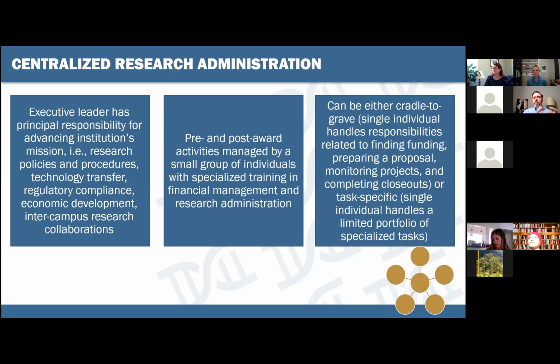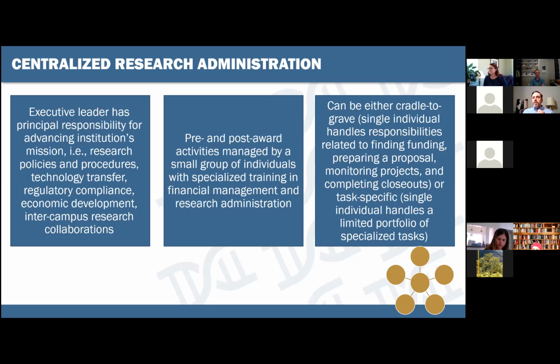So in contrast, a more centralized model is where the leadership around research is really at the institutional level, right? There's executive leadership that provides the mission. They set policies and procedures around how research is conducted, or what the rules are for the institution. If there's pre-award and post-award support, meaning for getting grant applications out the door or managing them, it's provided by centralized personnel who have specialized training in doing this in one central office.